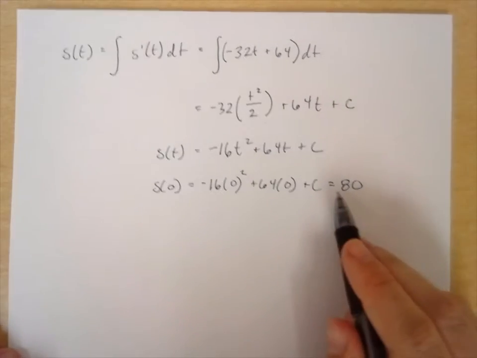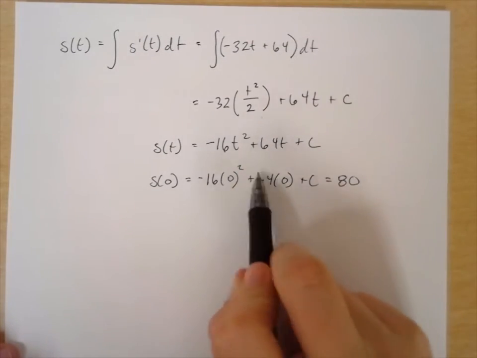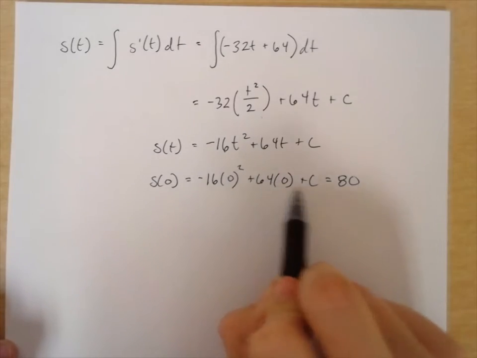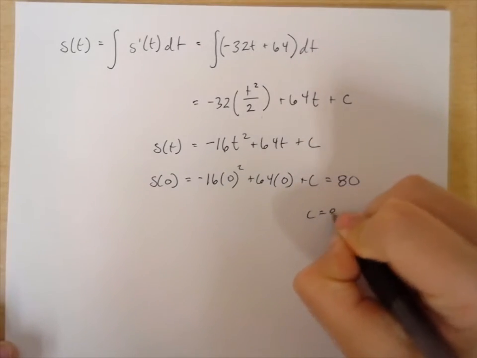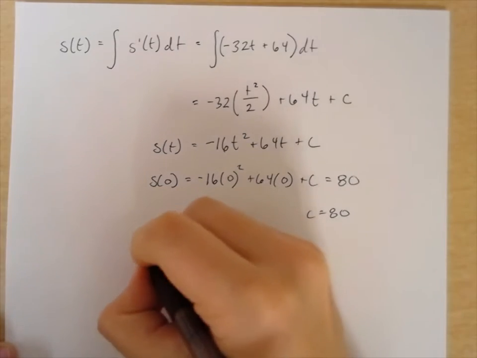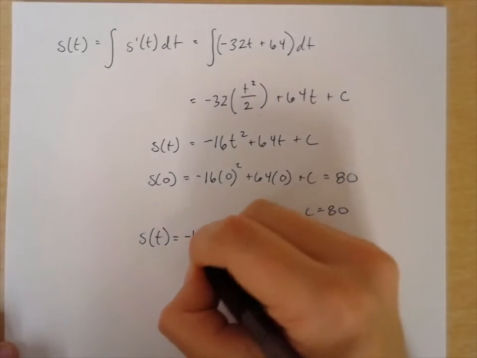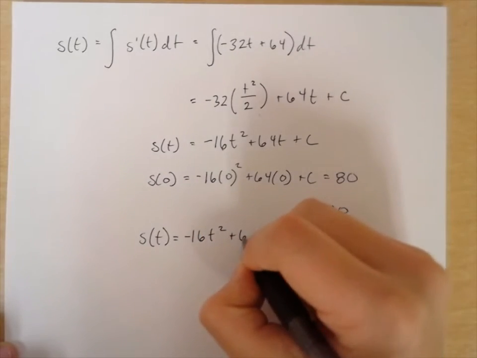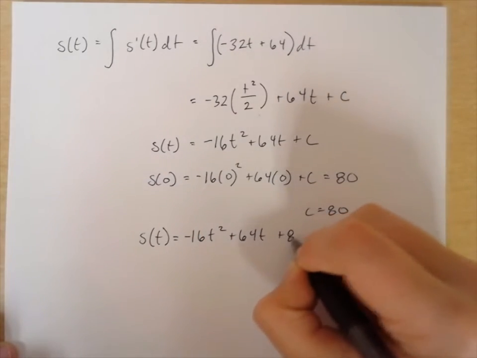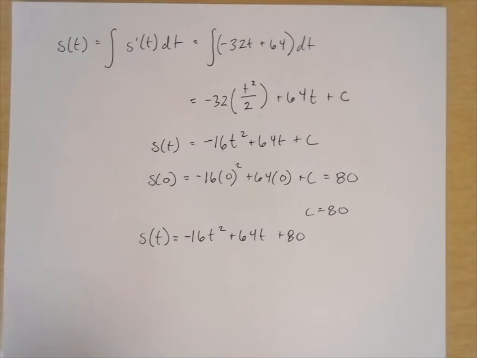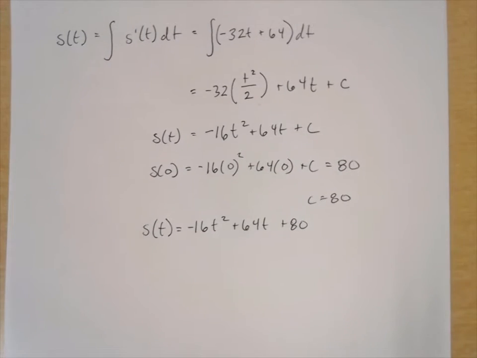When I solve this for c, the 0 pieces just cancel out, right? And I get c equals 80. So now I have found a position function with respect to time, negative 16t squared plus 64t plus 80. Fabulous. Part A is taken care of. This is our position function with respect to time.